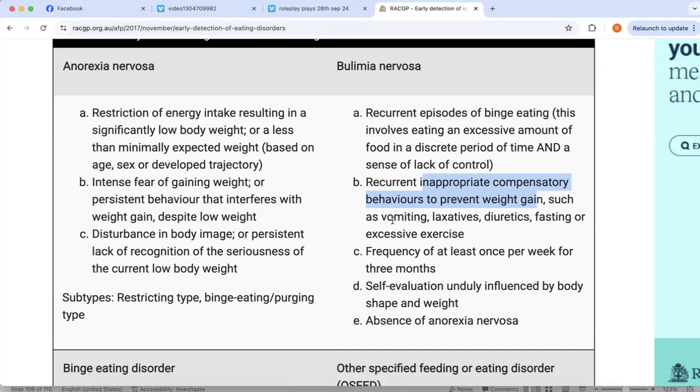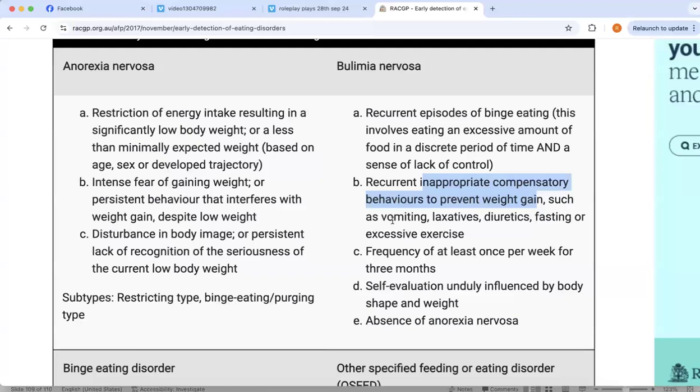They can use laxatives, diuretics, fasting, excessive exercise, and they do it at least once a week for at least 3 months.